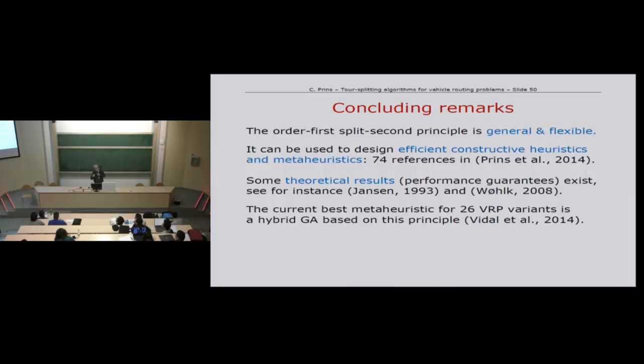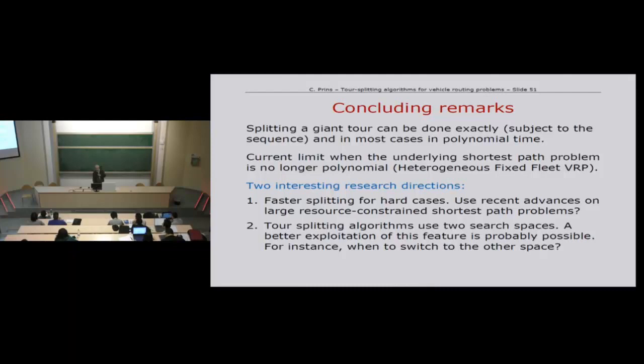So spontaneously we receive papers now saying, "Hey, I read your survey, and we also published one paper. So record it for the next version of the paper." There are some theoretical results. The giant-tour-based metaheuristics, anyway, are based on this principle.